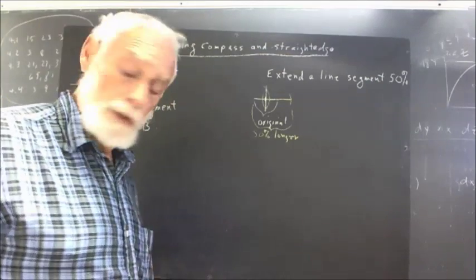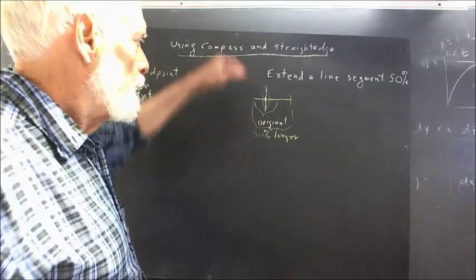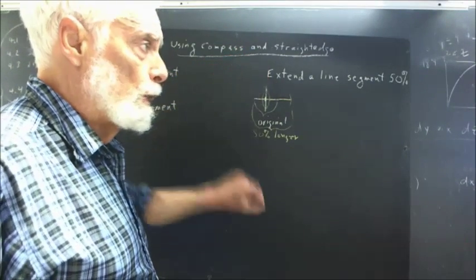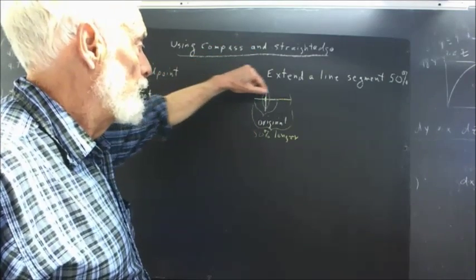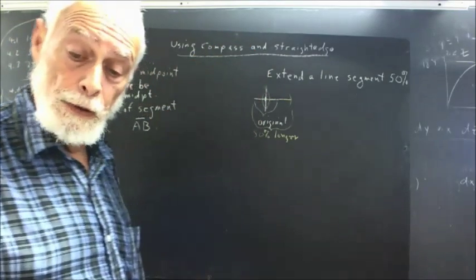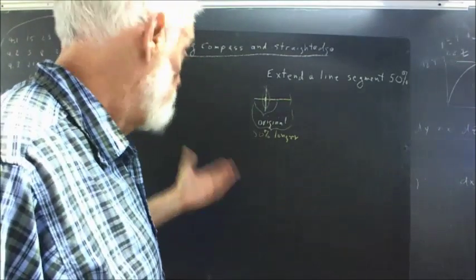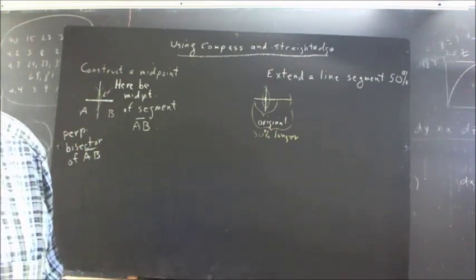Now, another useful thing that we can do is, can we create a segment 50% longer somewhere else? And can we do it in such a way that that segment is parallel to the original segment? Okay, so I'm going to pose that as kind of a question for you to think about.